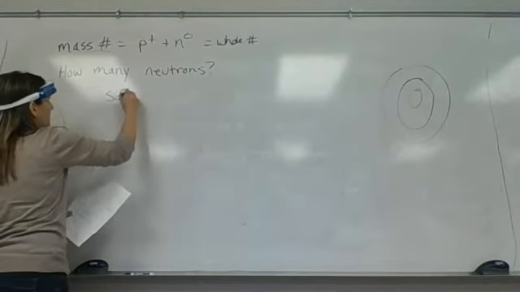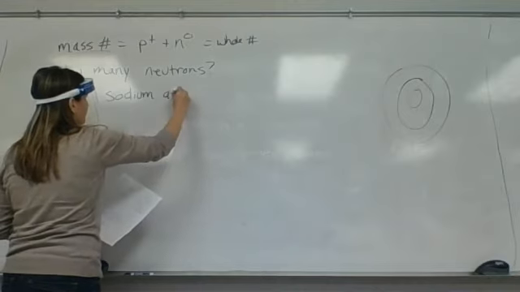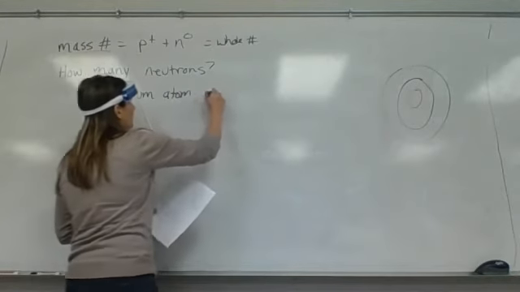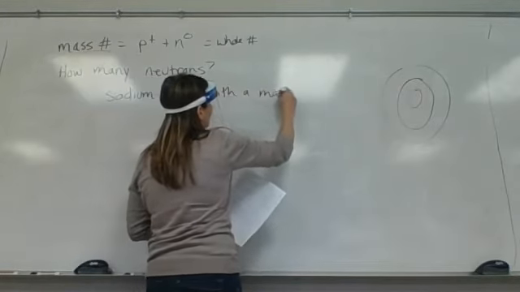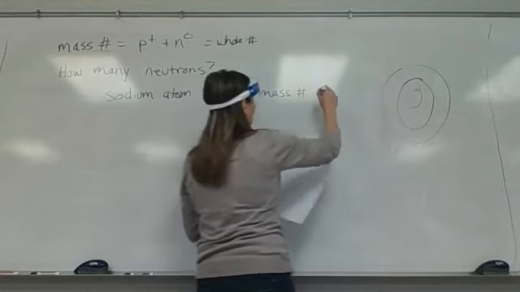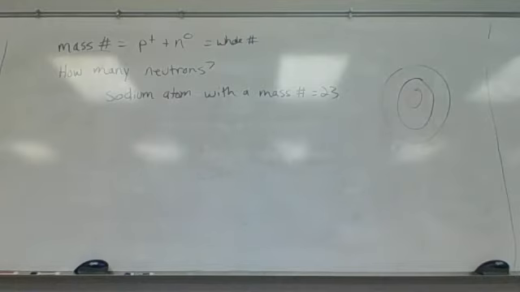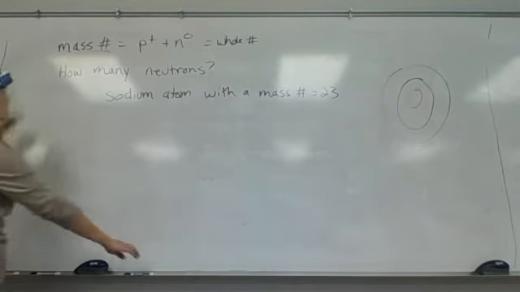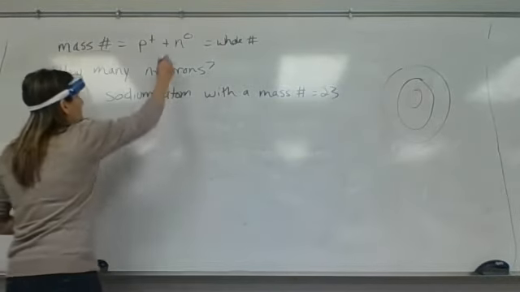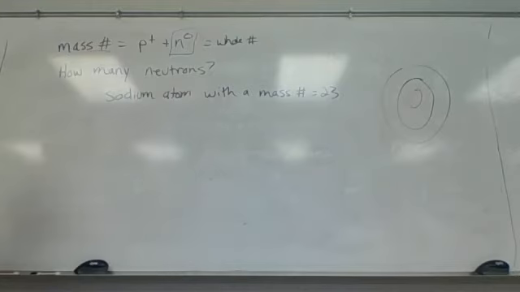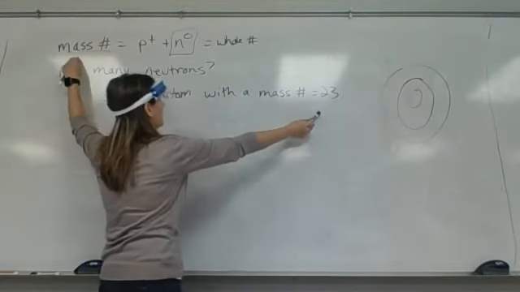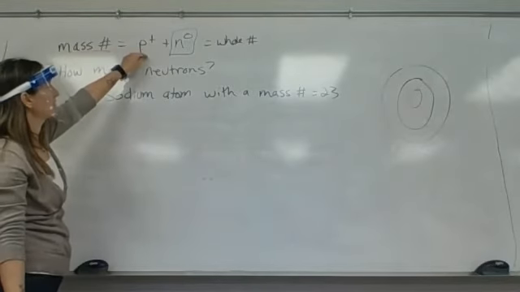So given that we have a sodium atom with a mass number of 23. The question is saying calculate the neutrons. We're still using this mass number equation. It's just this time we're solving for neutrons. Well, they gave us the mass number. It's 23. But we also need the number of protons.